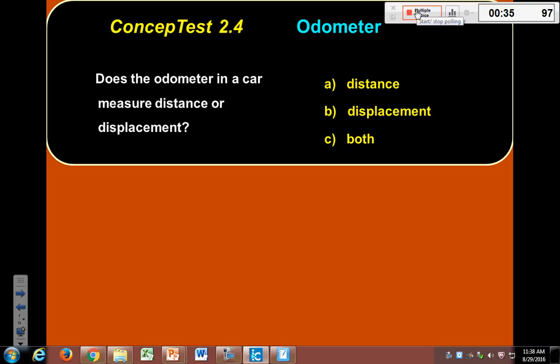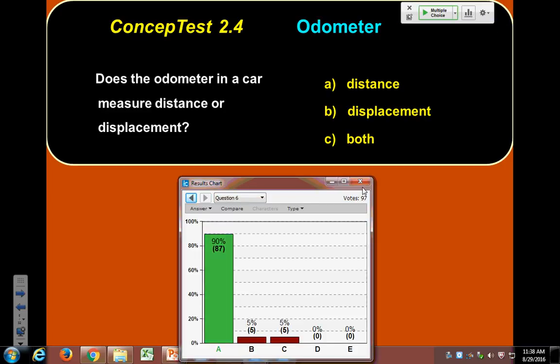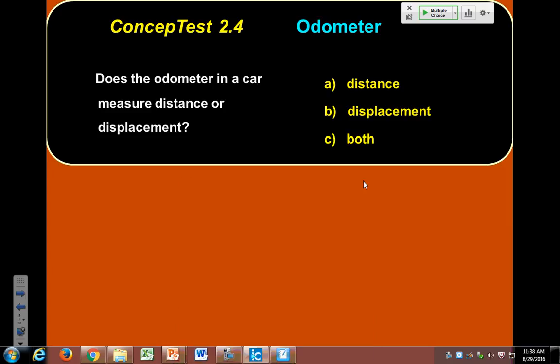I think we'll probably do one more. Okay, that's awesome. A is right. That does measure distance. If it measured displacement, it would always go to 0, right? When you come home, your odometer would go to 0 when you pull into the carport or whatever.